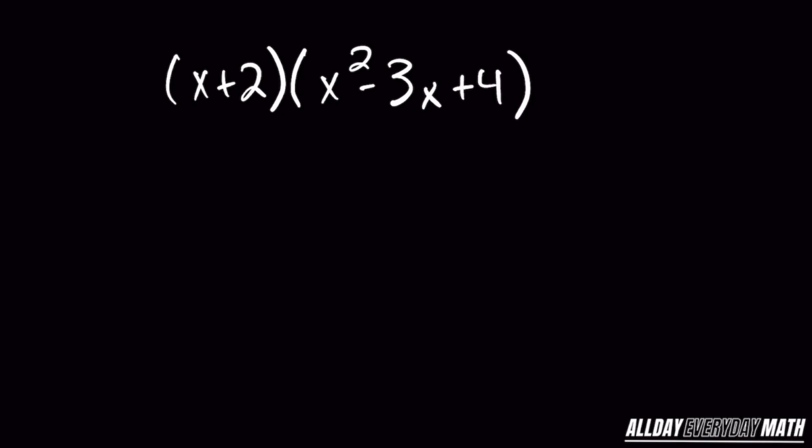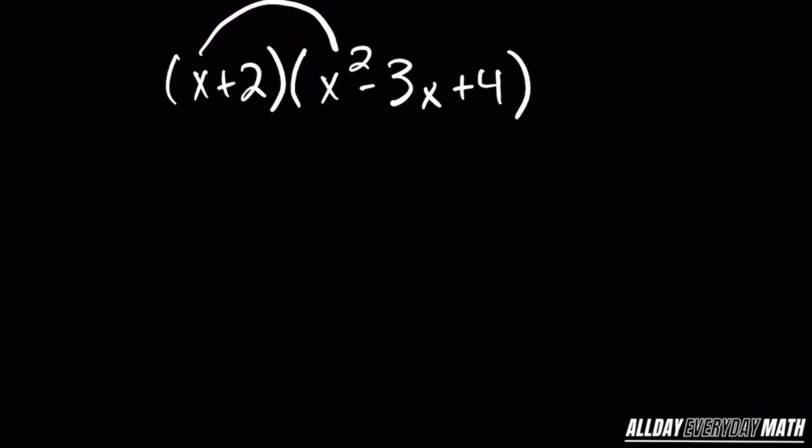All right, so this time we're multiplying a binomial times a trinomial because the first polynomial has 2 terms, the second polynomial has 3 terms. So we really can't use the FOIL method this time, but the same principle is going to be used. So here's what we're going to do. We are going to take this x and multiply it by each term in the second polynomial.